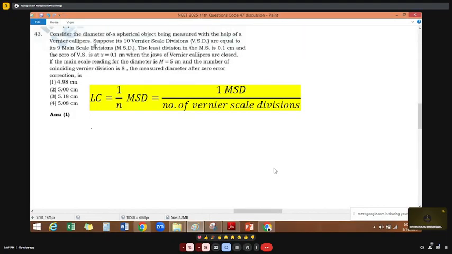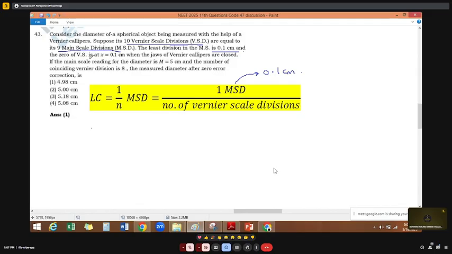Consider the diameter of a spherical object being measured with the help of a vernier caliper. Suppose 10 vernier scale divisions are equal to 9 main scale divisions. The least division in the main scale is 0.1 centimeter.